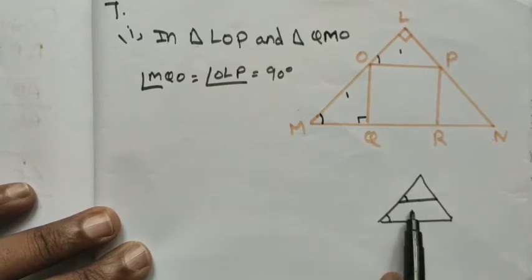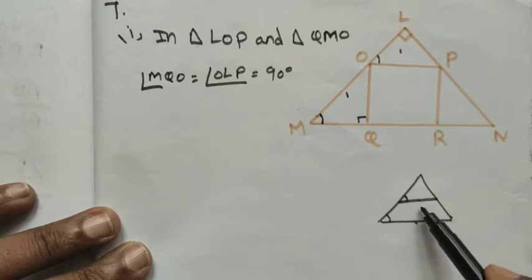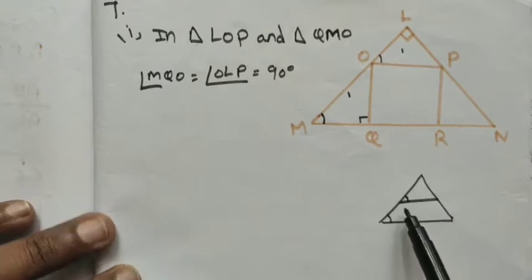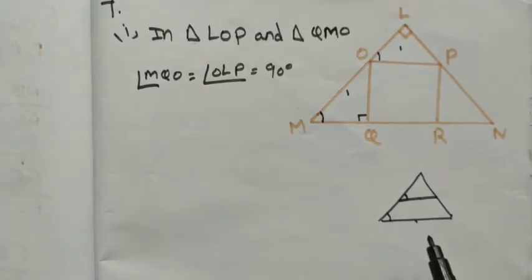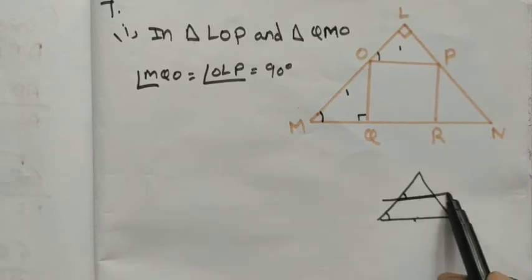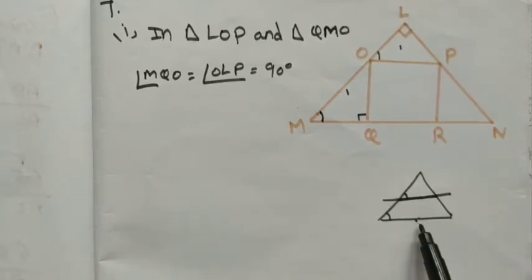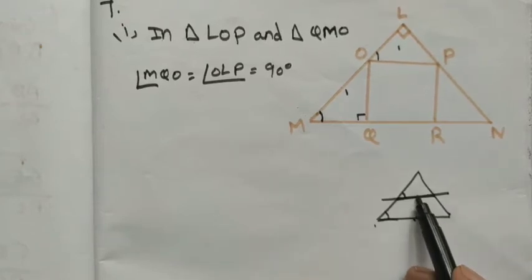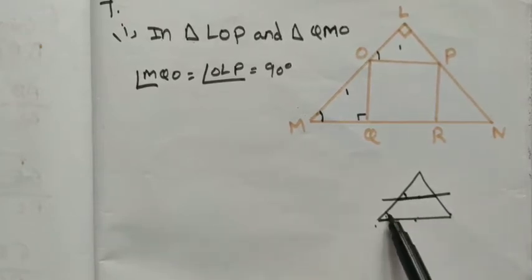The angle does not change. The size of the triangle must change, but the angle does not change when the parallel line is drawn. When a line parallel to the base is drawn in the triangle, the angles must be equal.